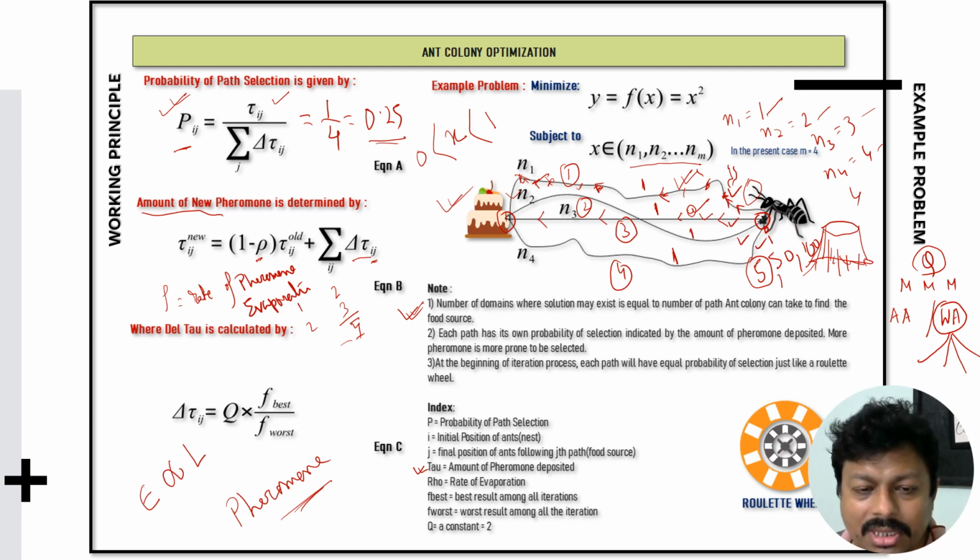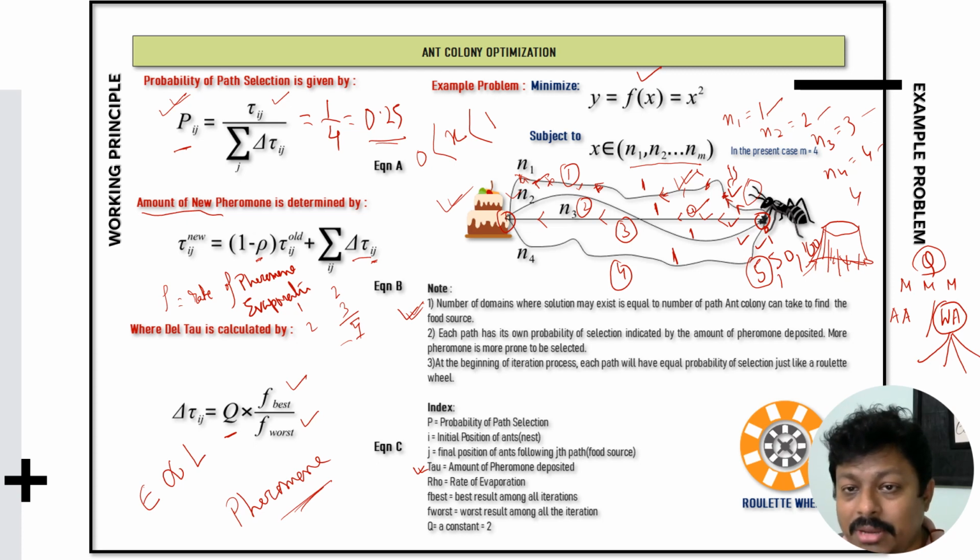It is calculated by this formula, Q equals F best by F worst. In the previous iterations, you get some value of the function f(x). Among all the previous iterations, if that value is the best, write that value in the numerator, and when the function has the worst value, write it in the denominator.